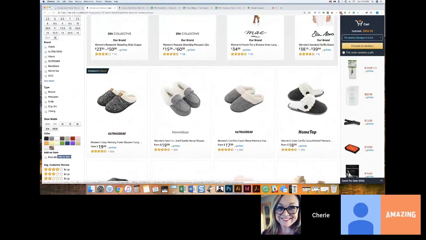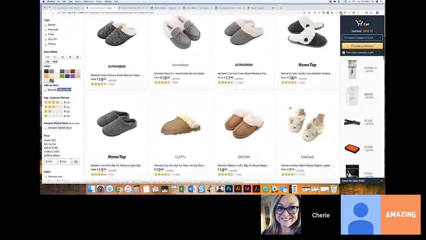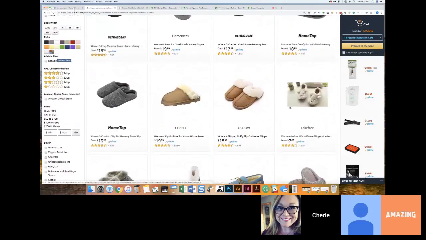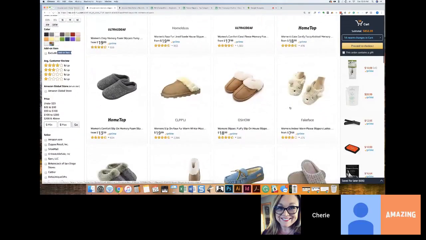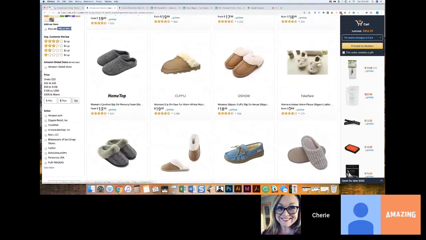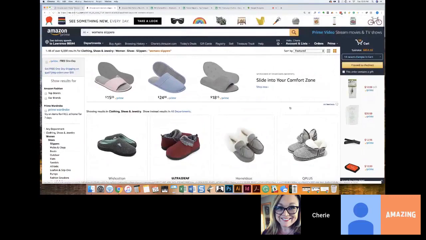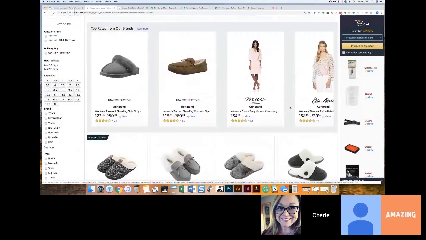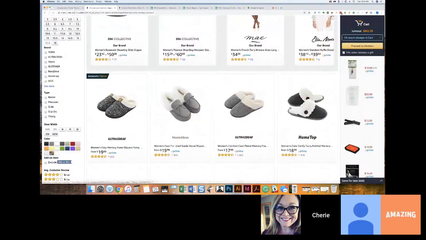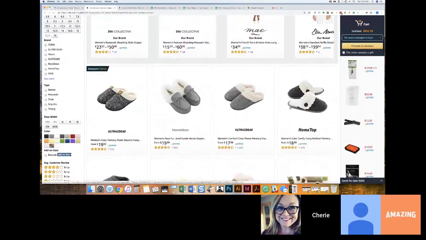Okay. And so when I start to look at that, the first thing I notice here is that people are buying fur lined slippers. A lot of the styles, as I scroll down the page, are fur lined. I'm definitely going to take note of that, because that means that when you go to Amazon on the organic listings and put in a keyword like women's slippers, this is not that Amazon prefers these. This is that the buyer prefers these.